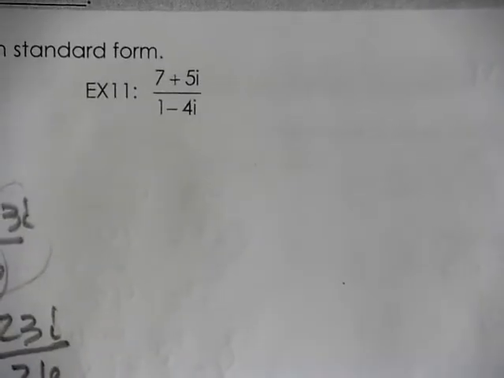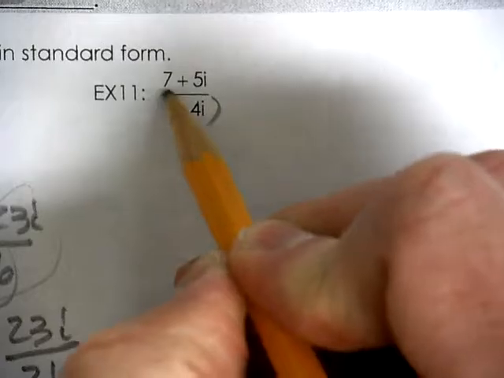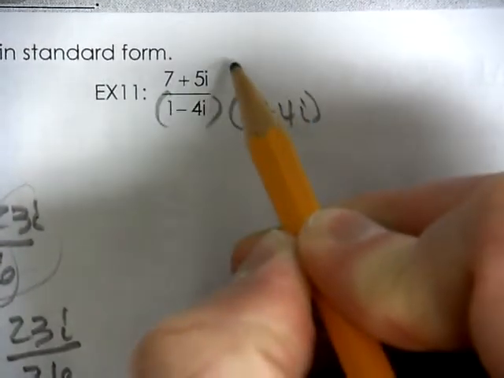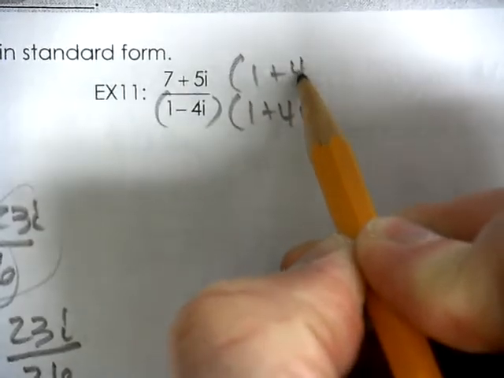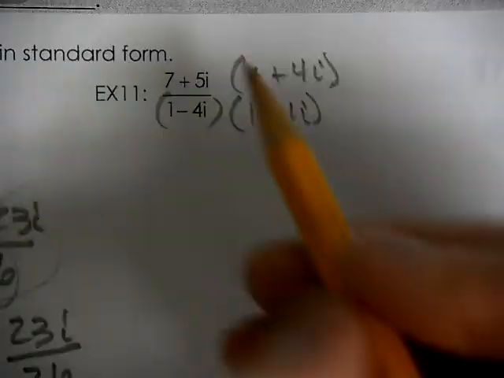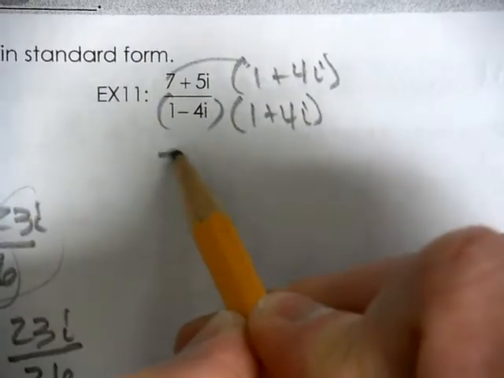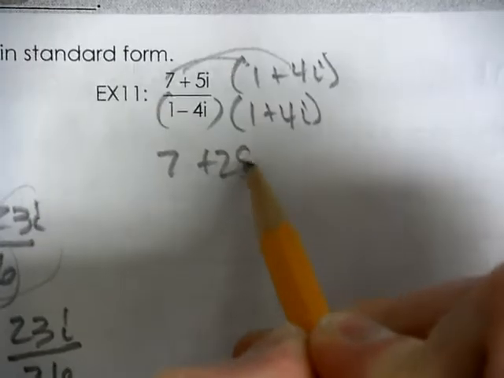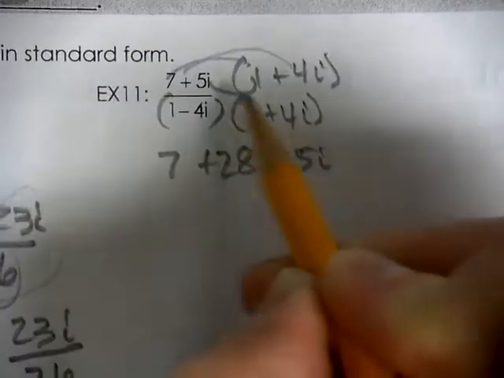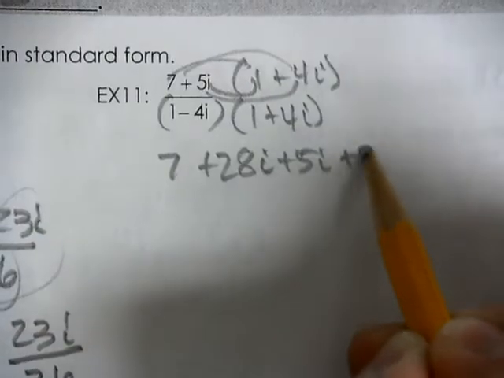Move over to the next one. We're going to multiply by the conjugate. Remember, we're doing the conjugate of the denominator. We have to multiply this through and do the inner, do the outer.